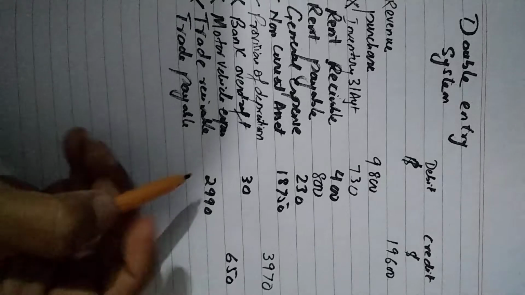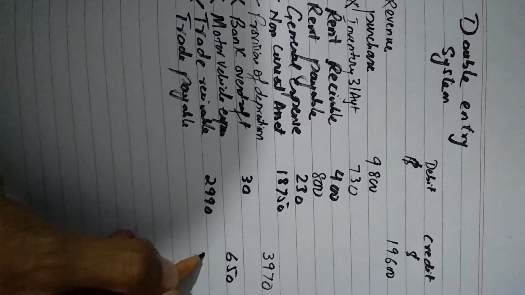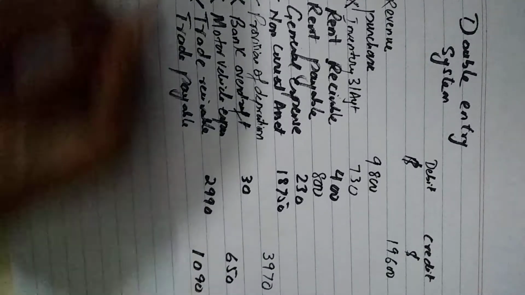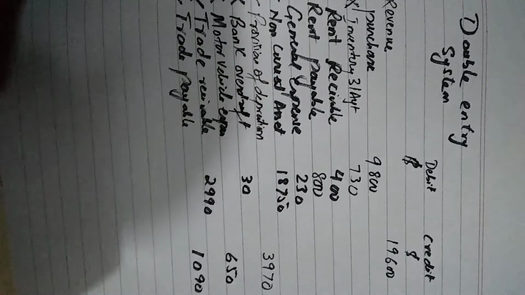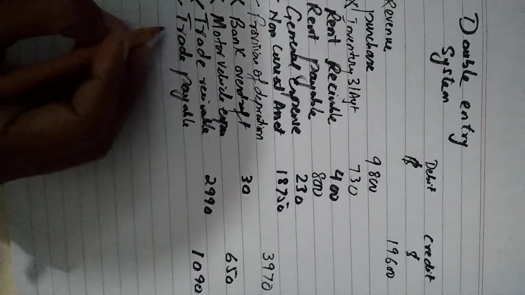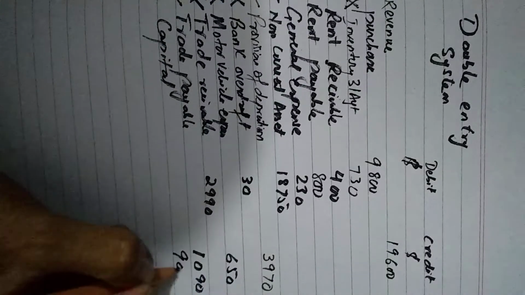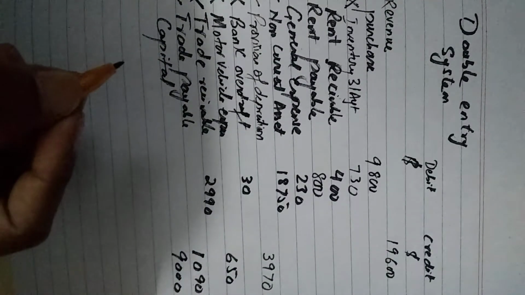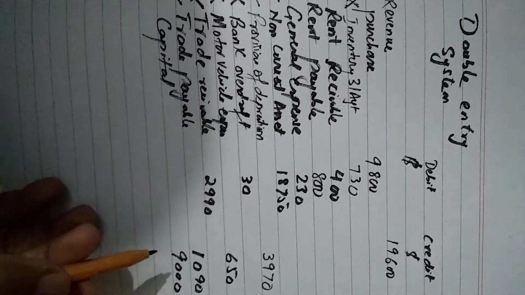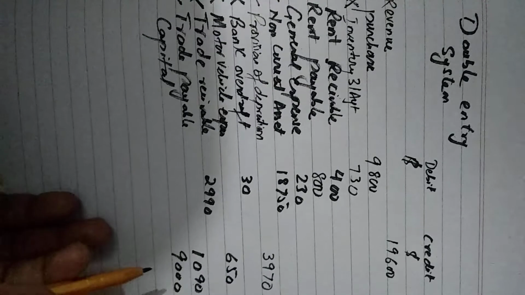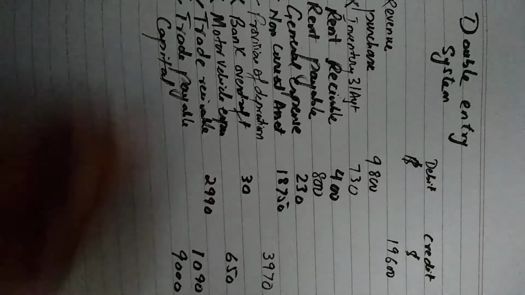Now trade payable is 1090. It is correct because liability is always recorded on the credit side. Capital is 9,000. When capital increases, it is recorded on the credit side. It is correct.